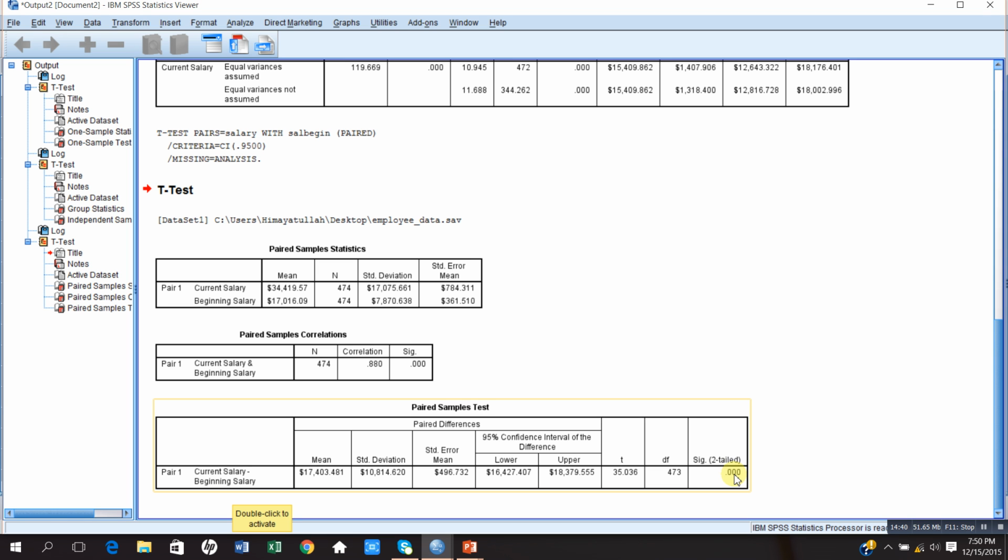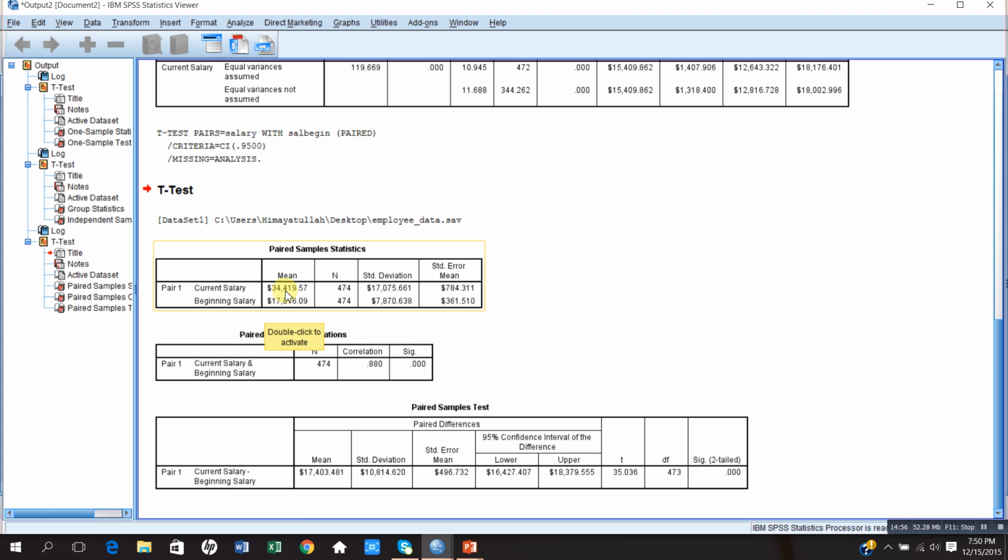This means that the observed p-value is less than 5%, so the current salary and beginning salary averages are different. They are not the same, and you can see from here, one is 34,000 and one is 17,000.